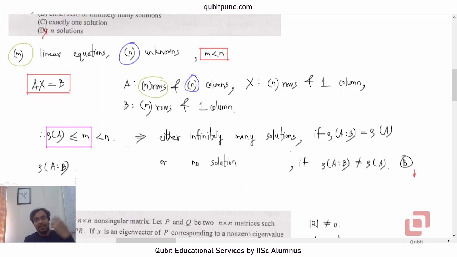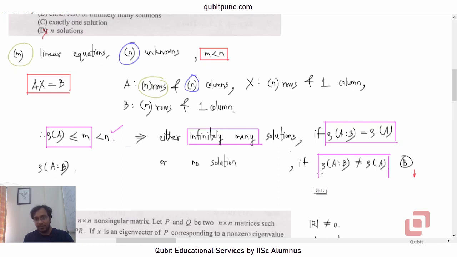Now we are free to assign any value to the rank of the augmented matrix AB, which then means if the ranks are equal, then it will have infinitely many solutions, because the rank is less than the number of unknowns. But if the ranks are unequal, then it will have no solution at all. Correct? So both the possibilities are open here.